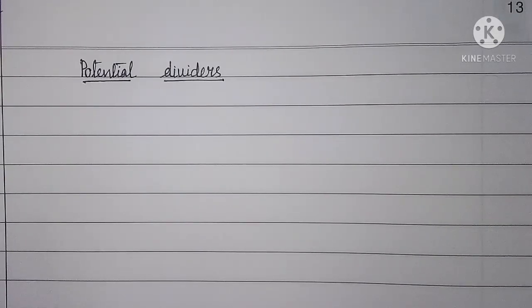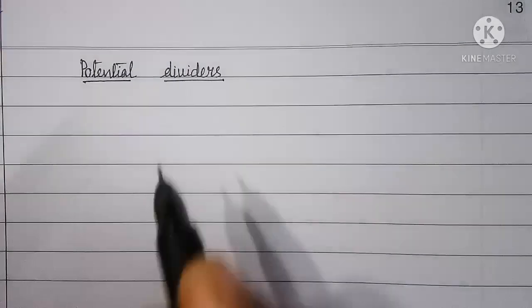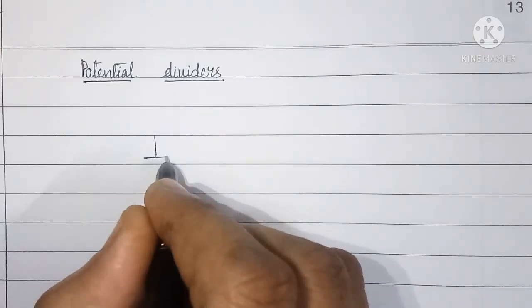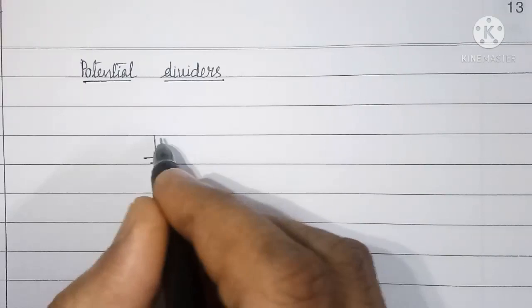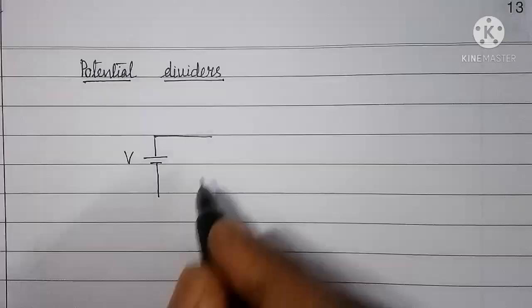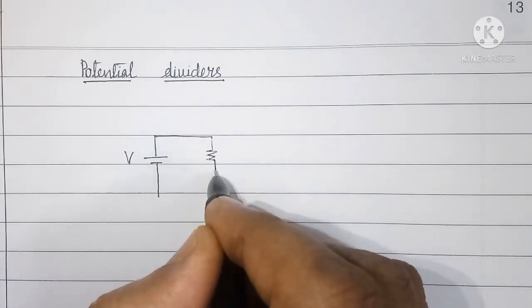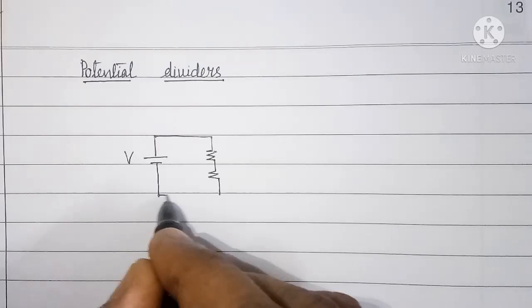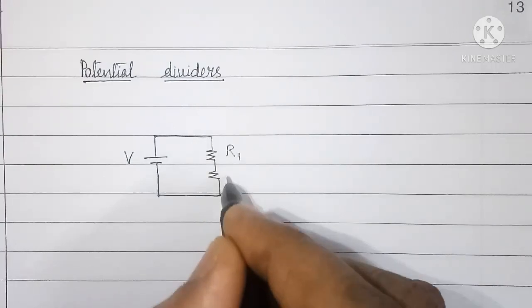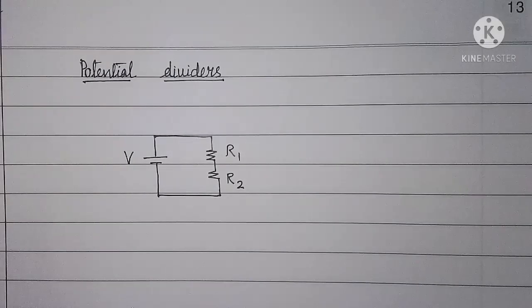Before we actually start with potential dividers, let us know about the basics of potential dividers. Let us consider a simple DC circuit here for understanding purpose, whose voltage is V, and across this voltage source we have connected two resistors, namely R1 and R2.